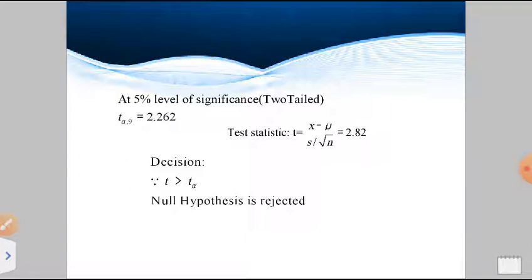At alpha, that is 5% level of significance, and the degree of freedom 9 minus 1, the standard value is 2.262. So we have to take the decision that the null hypothesis is rejected, because the value is more than the standard value.